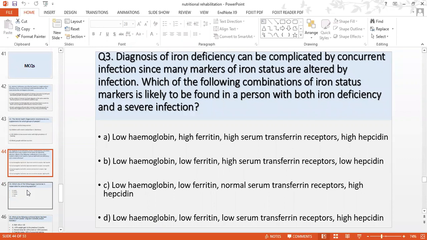Diagnosis of iron deficiency anemia can be complicated by concurrent infections, since many markers of iron status are altered by infections. Can you tell me which of the following combinations of iron status markers is likely to be found in a person with both iron deficiency and severe infection? The combinations of lab diagnoses are given.